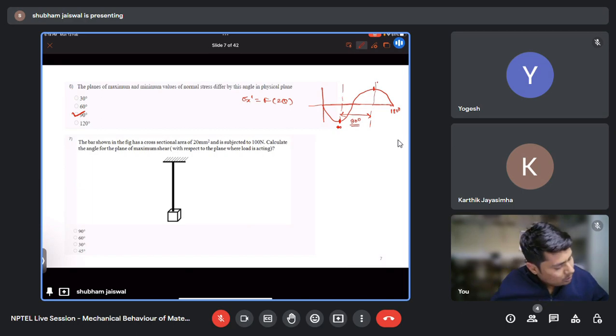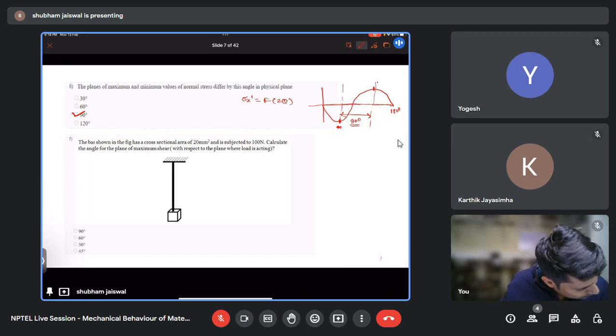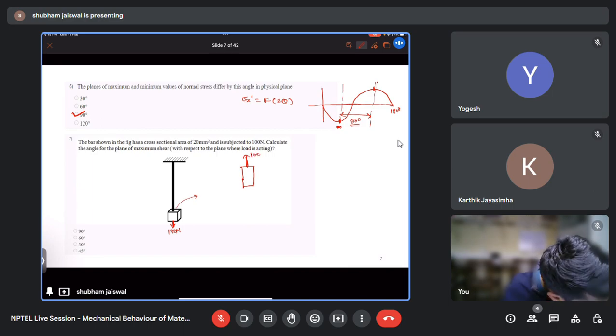Okay, so let's see. Here we are applying 100 Newton. If I draw the free body diagram, this is 100 Newton, this is 100 Newton.